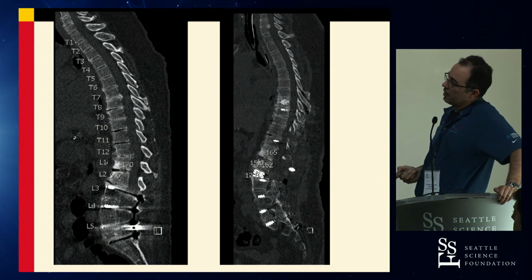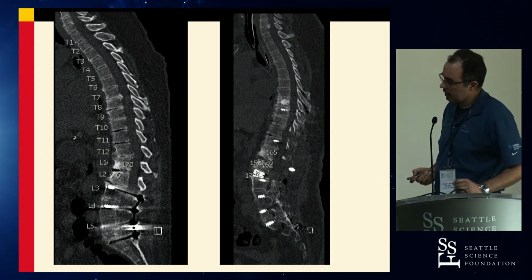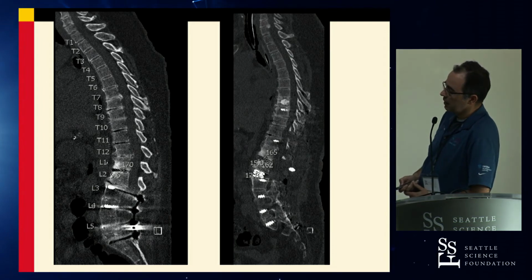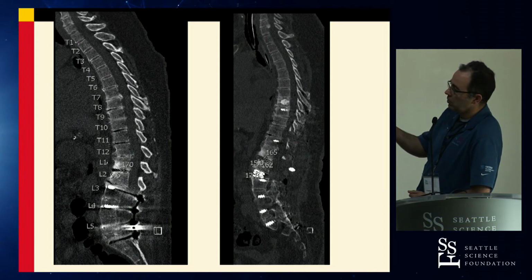This is another example of a patient who had an old construct, and between L1 and L2, you can see there was a 9-degree lordosis.